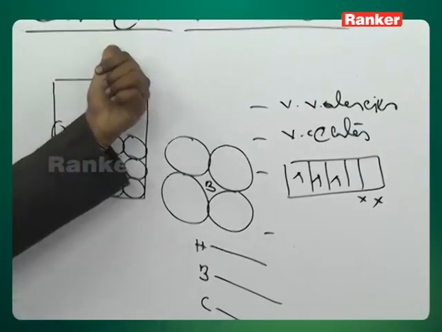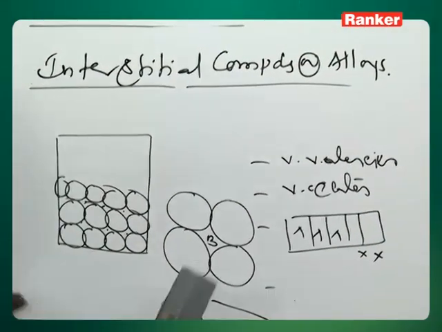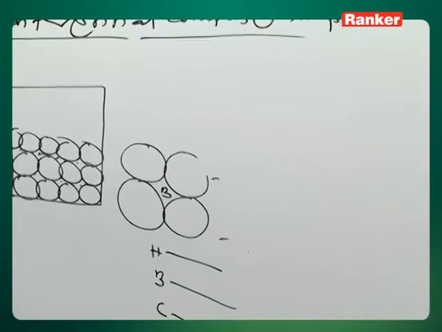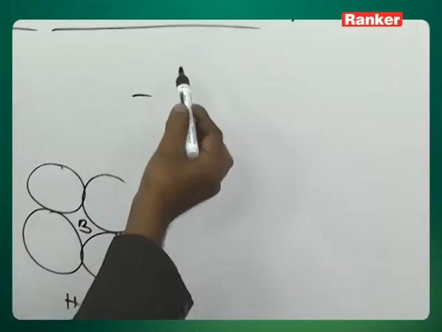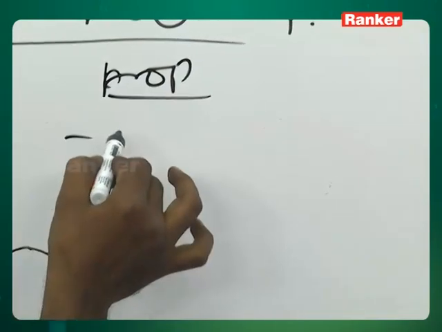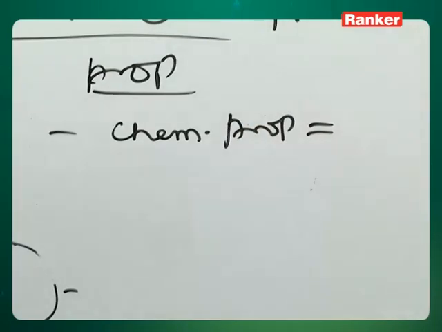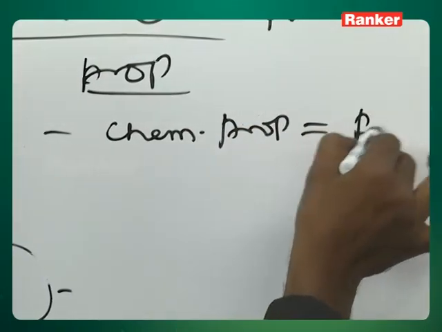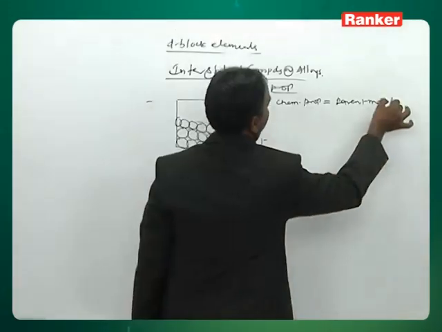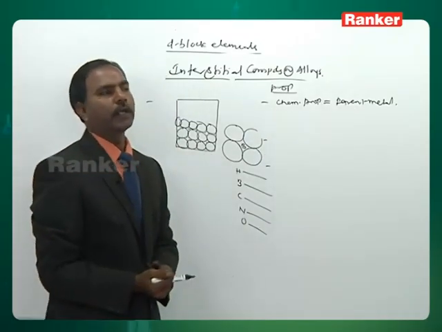Next, these interstitial compounds exhibit some special properties. What are the properties exhibited by these interstitial compounds? First, their chemical properties are more or less identical to the chemical properties of the parent metal.